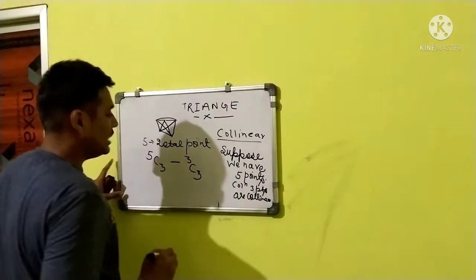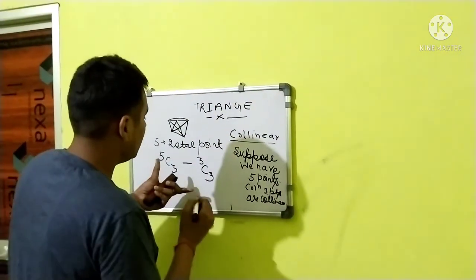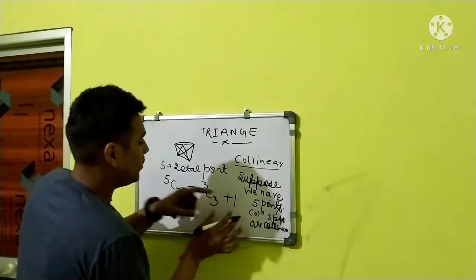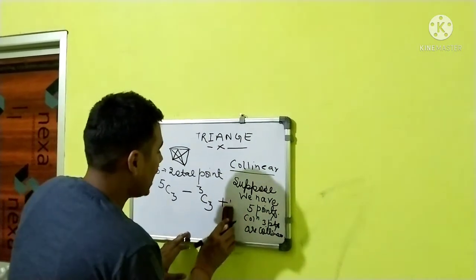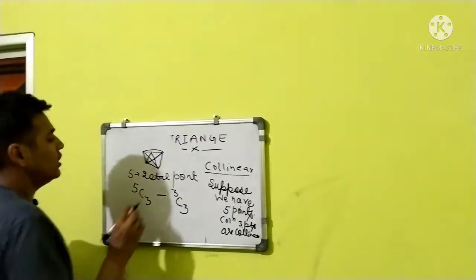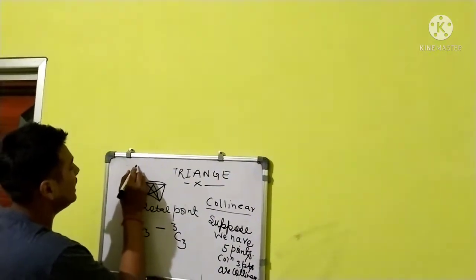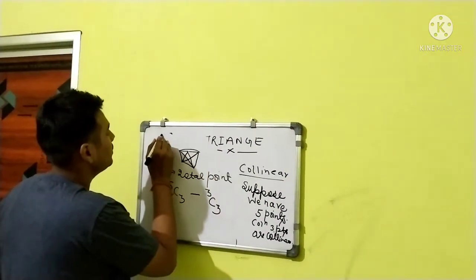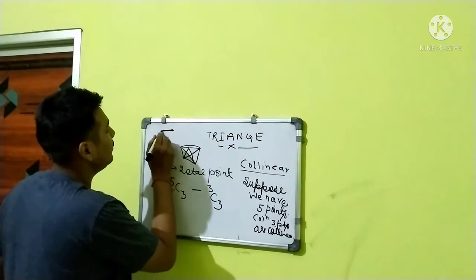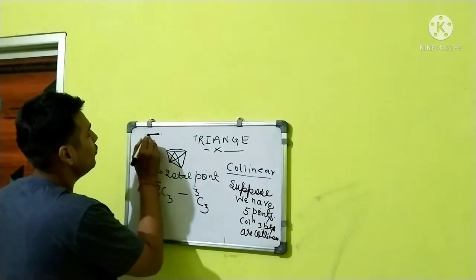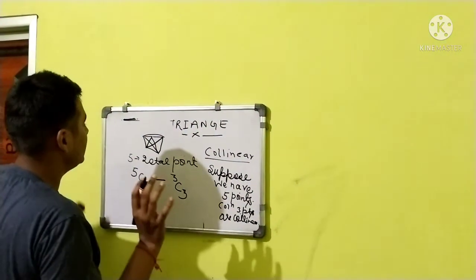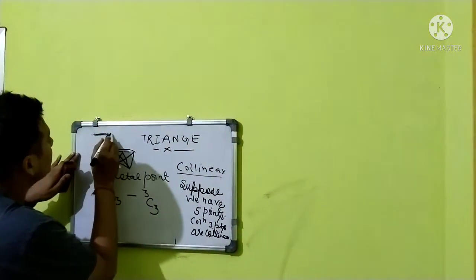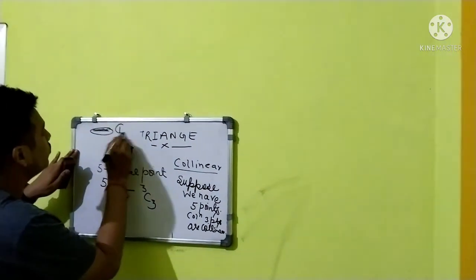Now the question arises: why, sir, can we not add plus 1? Because in the case of straight lines you add plus 1, but in the case of triangles we cannot. For making a straight line we need at least 2 points, and a line made from 2 collinear points is counted as 1 straight line.